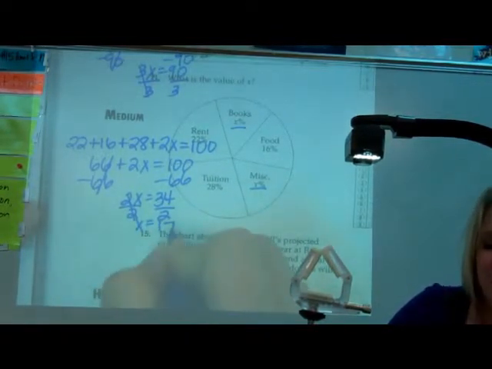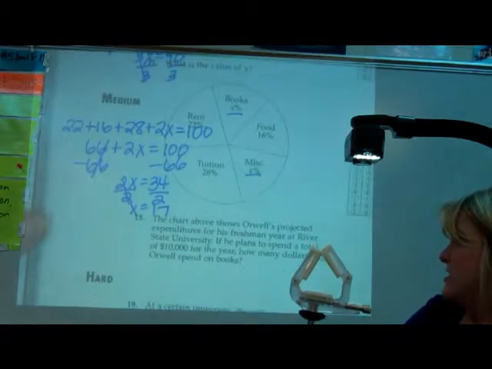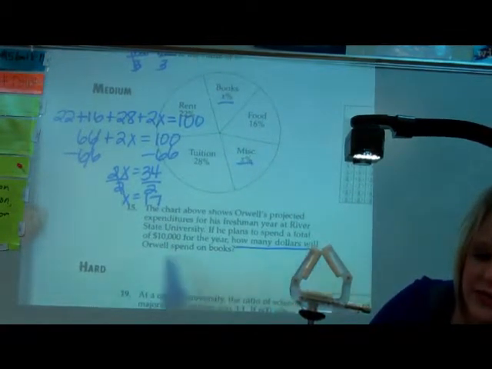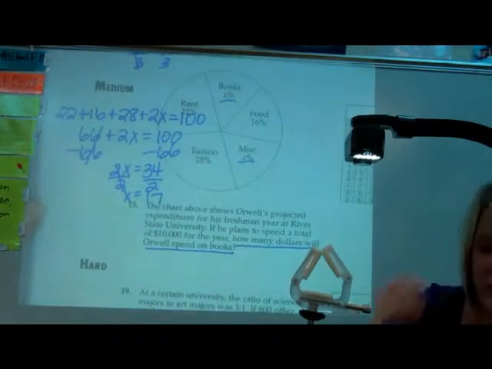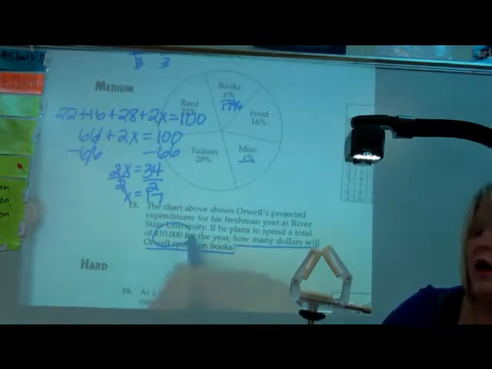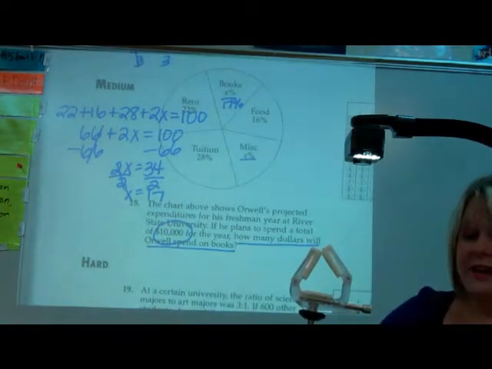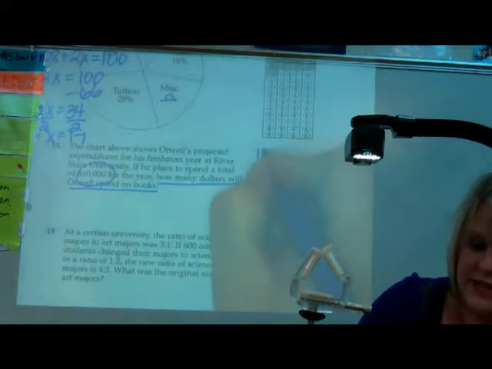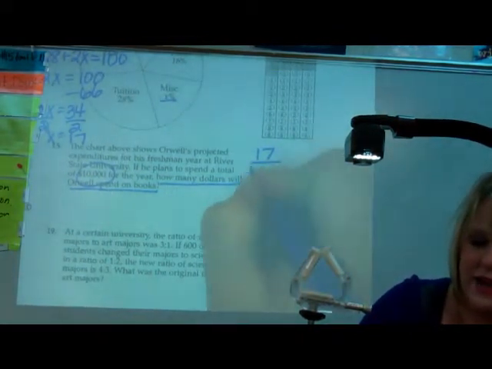Now, don't stop there though and bubble in 17, because remember, it's not asking you what x is, it's asking you how many dollars will he spend on books. Well, he's going to spend 17% of 10,000. So to figure out a percent, remember 17% means out of 100.